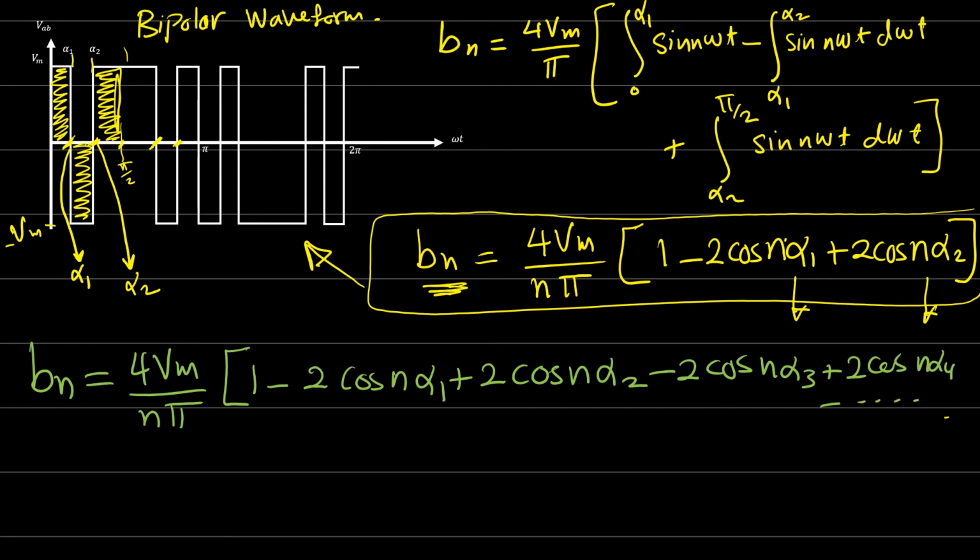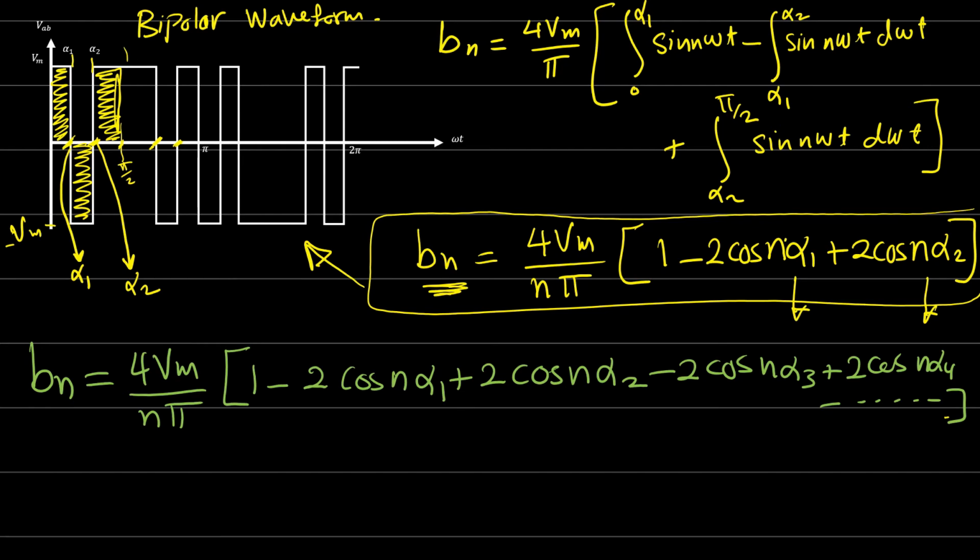Okay, so this is the new Bn, and you can increase the values of alpha 1, alpha 2 however you want. Then we equate this Bn equation with 0 and solve. You'll get two equations with two variables, or four equations with four variables, and so on.